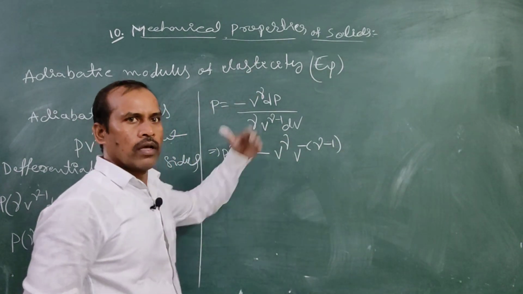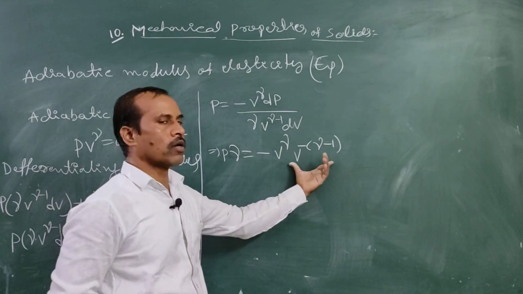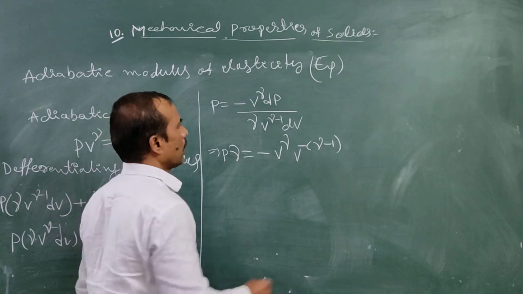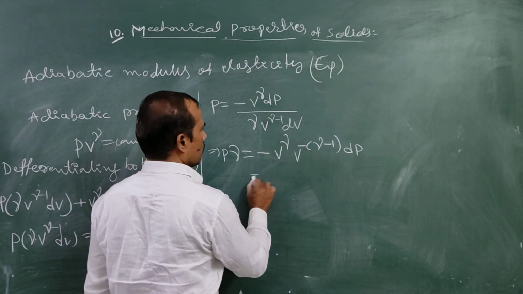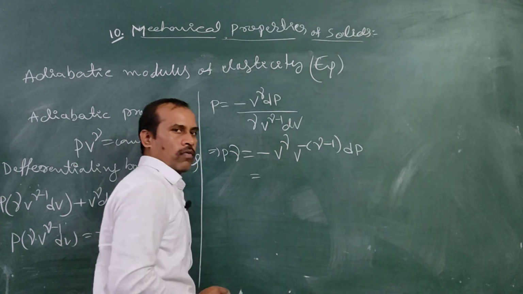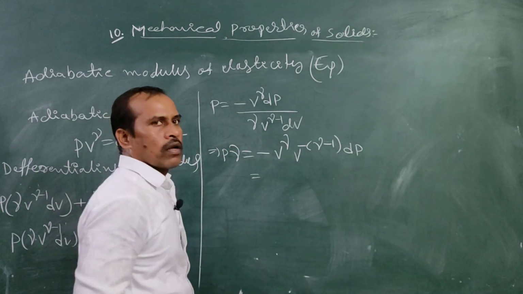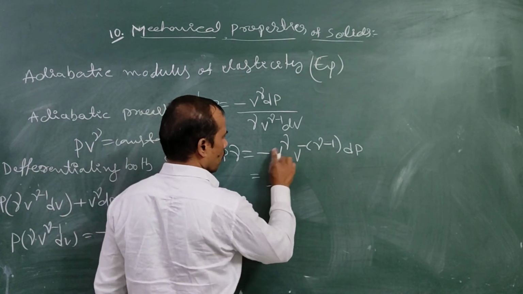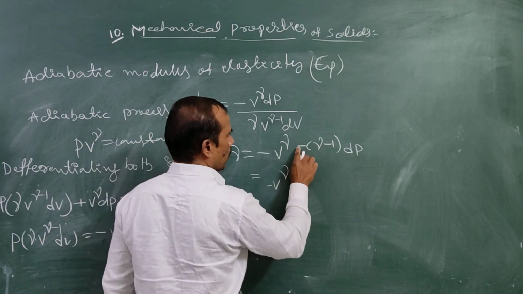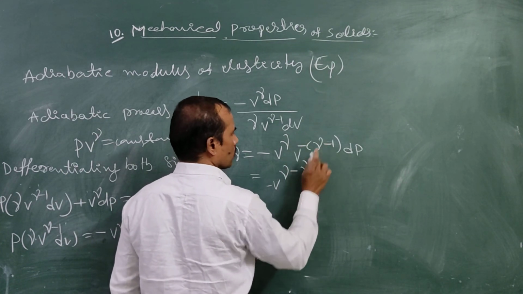We get these terms, just remaining dP here, which means change in pressure. Now it simplifies: the bases are the same, the base is volume V, so the powers are added. V power of minus gamma plus minus into plus minus gamma minus into minus plus.